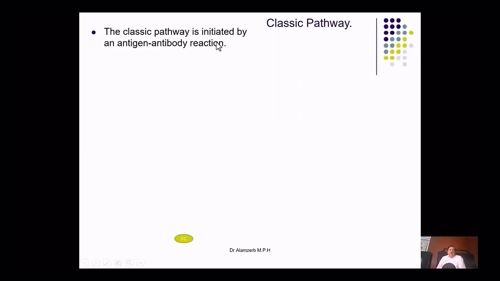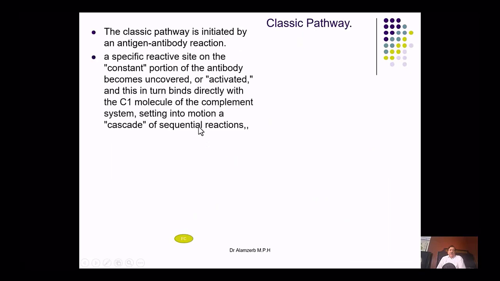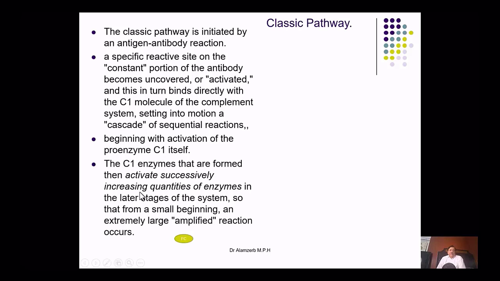The classical pathway is initiated by an antigen-antibody reaction. A specific reactive site on the constant portion of the antibody becomes uncoiled or activated, and this in turn binds directly with the C1 molecule of the complement system, setting into motion a cascade of sequential reactions. Binding causes activation of the proenzyme C1 itself, and the C1 enzymes that are formed then activate successively increasing quantities of enzymes in later stages of the system, so that from a small binding an extremely large amplified reaction develops.